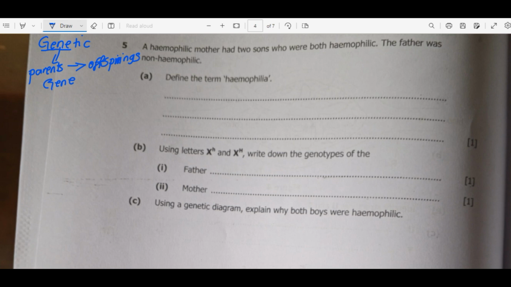In a gene is where the characteristics are being carried as they are transferred from the parents to the offspring. Now, for you to understand fully about genetics, first you need to look at reproduction, because reproduction tells us how living organisms produce their young ones. During reproduction is when the characteristics are transferred.